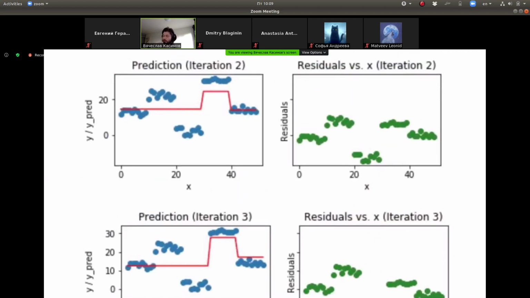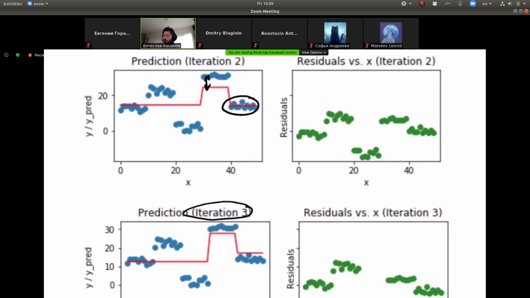What is important here is that you see that here we have no errors, but here we have some error, and at the new iteration we had a kind of trade-off, so that we increased error a bit here, but we decreased error much more here.